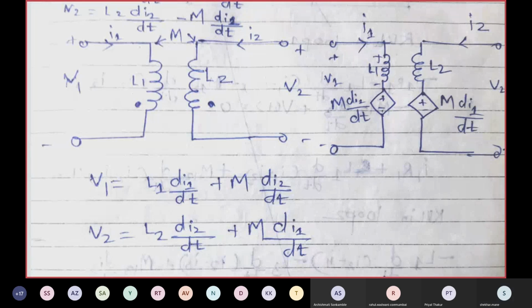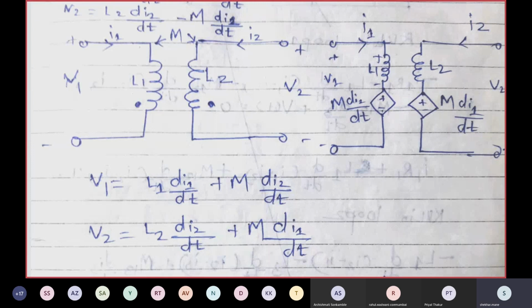So this case is same as the earlier case. That's why it is written that whenever both the currents are entering into the coils or coming out of the coils, then mutually induced EMF polarity is same as self-induced EMF polarity. So that's why it gets added.